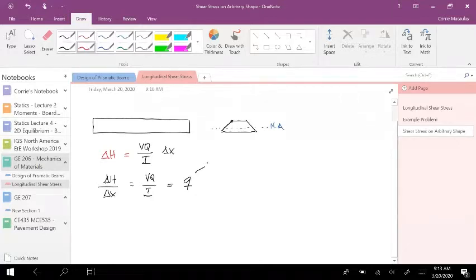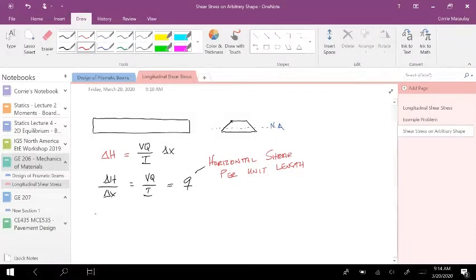I'm going to write that in red: horizontal shear per unit length. And again, it's just delta H over delta X. Generally, you might see that term somewhere listed as q.